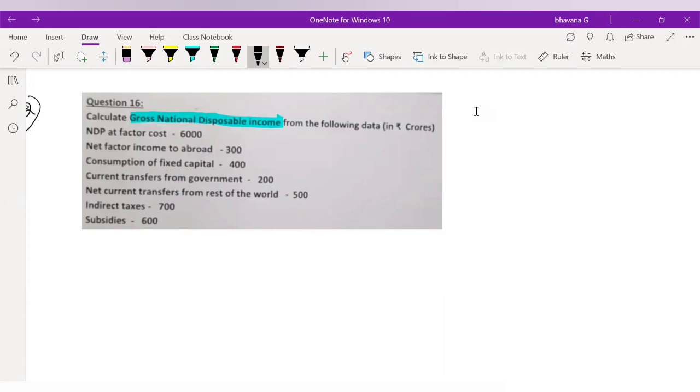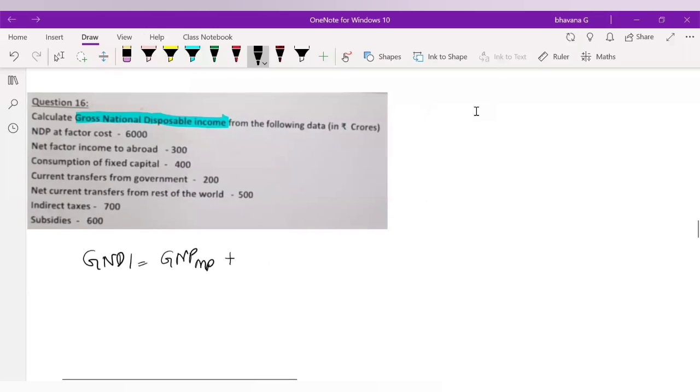Gross national disposable income is nothing but your GNP plus net current transfer from rest of the world.